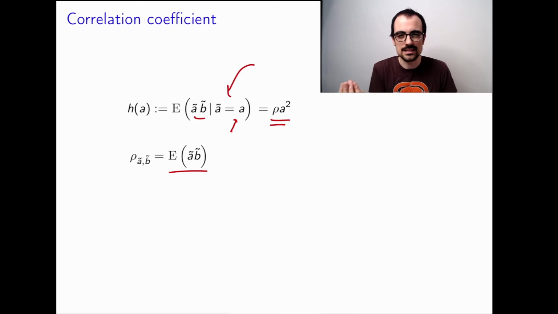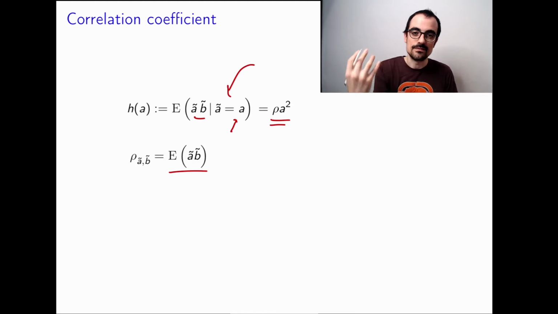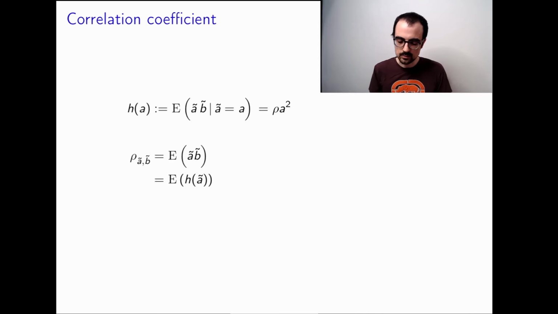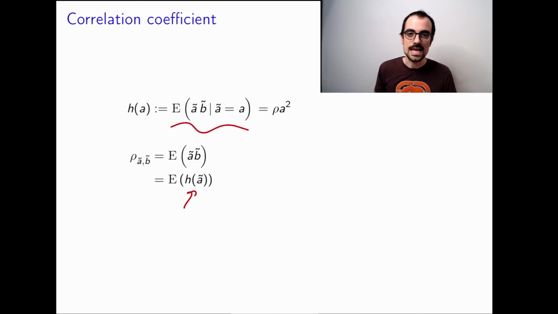This is the weird thing that we do when we define the conditional mean, because remember that the conditional mean is a random variable, which is a little bit strange. You can go back to the video on conditional expectation to review that. But we showed that the expected value of A times B is just the expected value of this conditional expectation when we plug A back in.